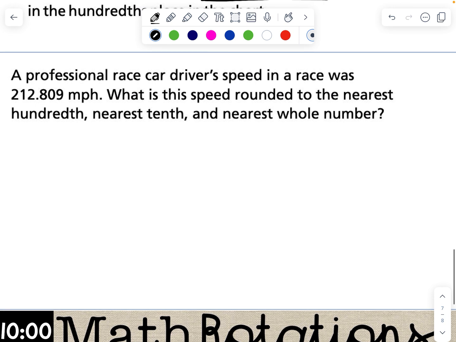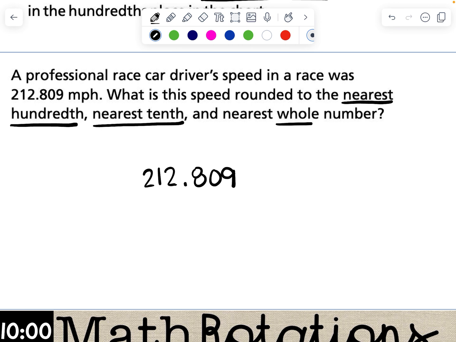If another professional race car driver sped in a race at 212 and 809 thousandths miles per hour, how could I find this to the nearest hundredth, the nearest tenth, and the nearest whole number? Well, let's use some different colors.